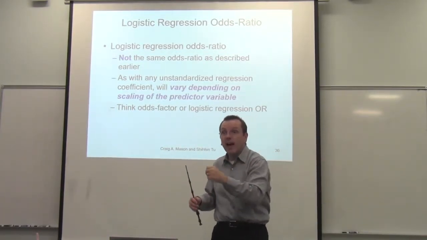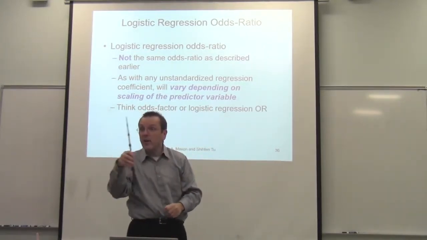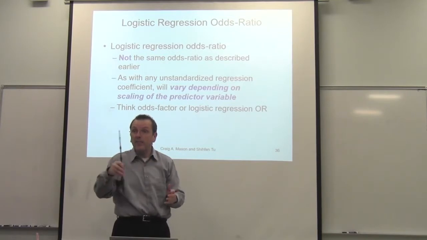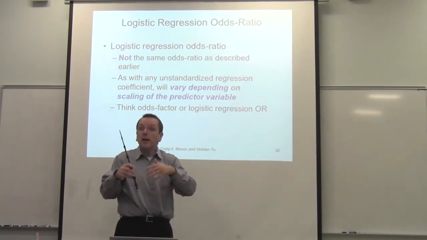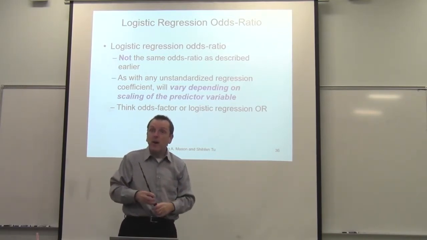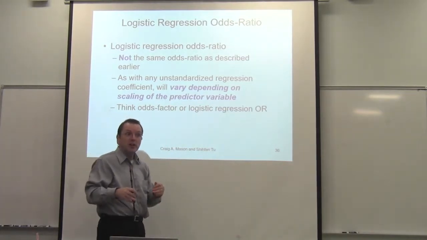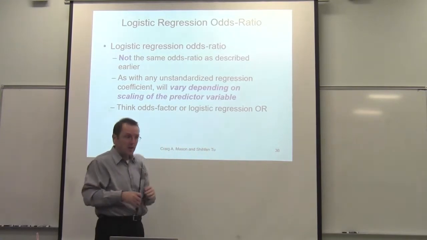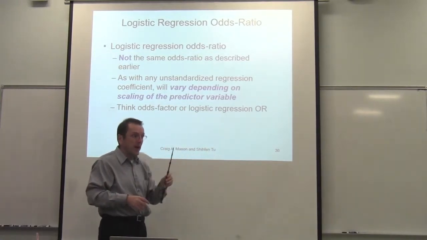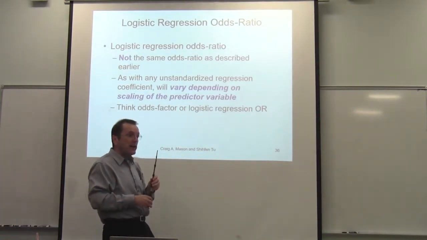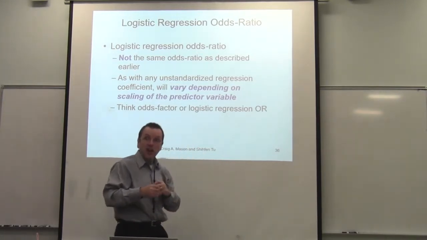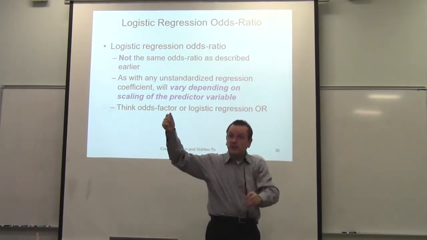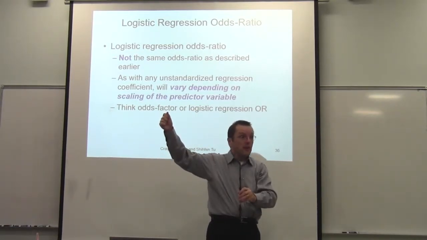And because of that, just like with multiple regression, the scaling of the independent variable matters. If I want to look at the increased odds of a child dropping out, how does that change with one year of education? That's a lot of education, so the increase or decrease in the odds could be fairly big.